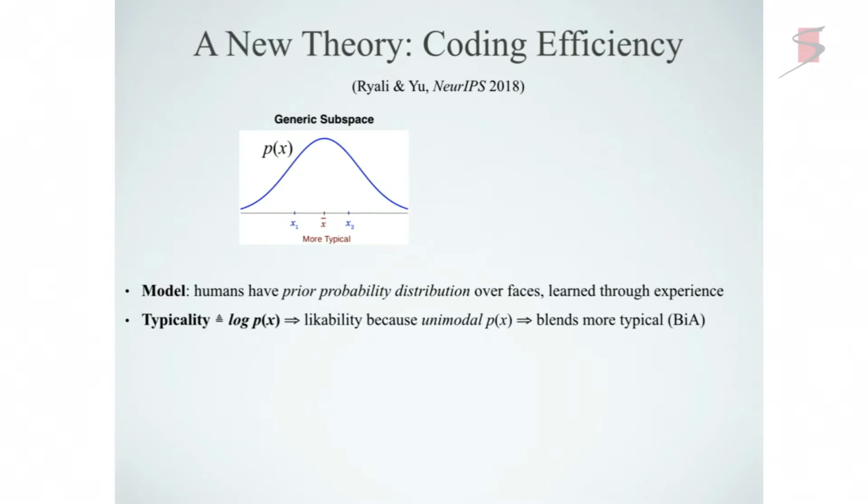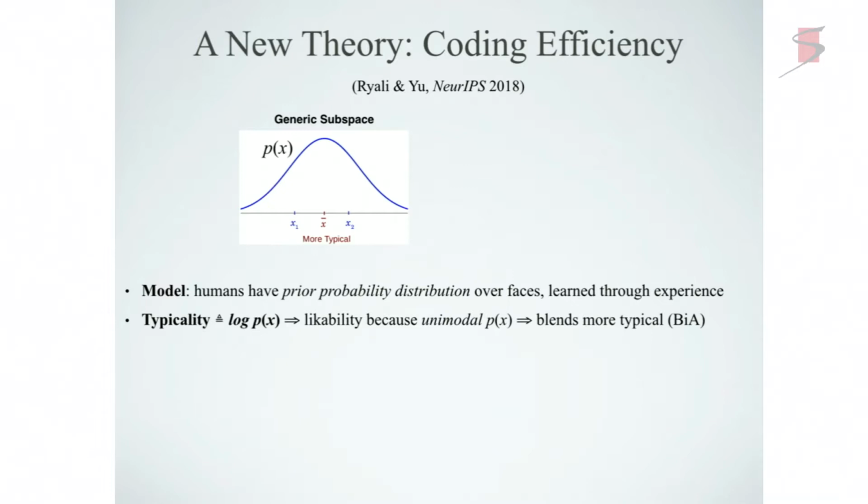But importantly, along most random dimensions, it is unimodal and, in fact, bell-shaped. So we define this typicality measure, which is just the log likelihood of the face under this distribution. And the idea is that a face becomes more likable when it's more statistically typical.